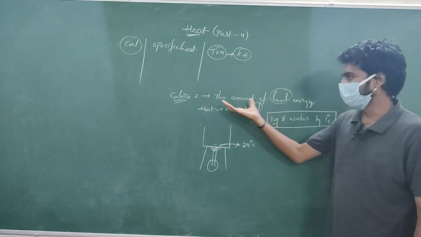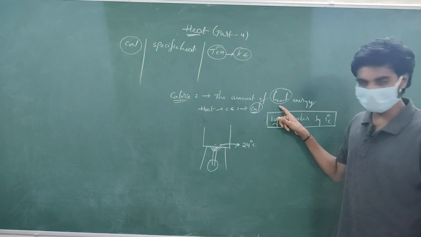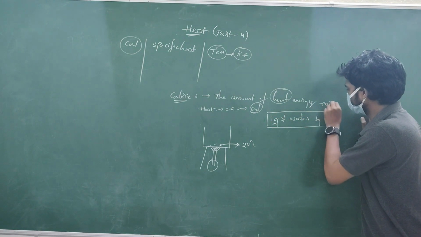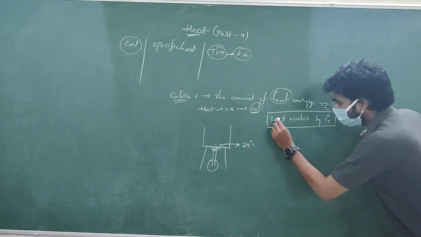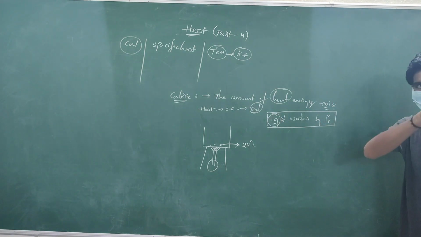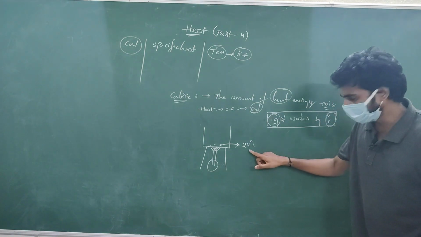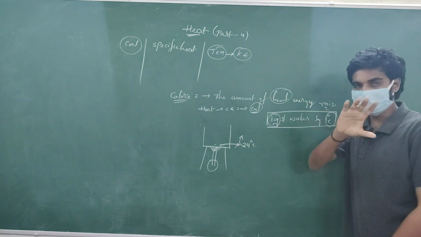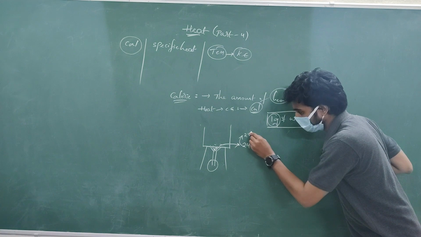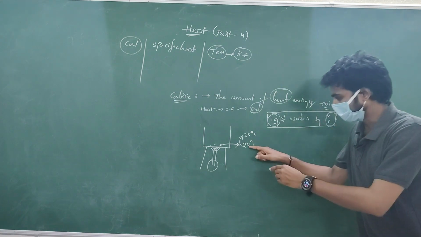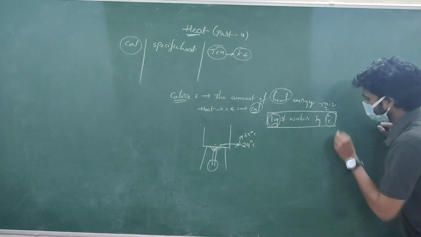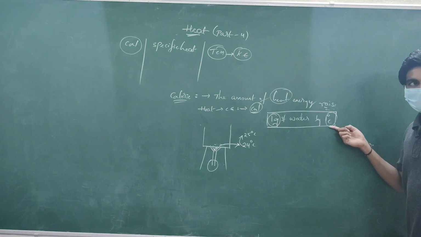Now, if you observe the definition, it says the amount of heat energy that is required to raise the temperature of 1 gram of water by 1 degree centigrade. Before it is 24 degrees centigrade, right? I just waited till it comes to 25 degrees centigrade. It comes from 24 to 25, which means water raises its temperature by 1 degree.